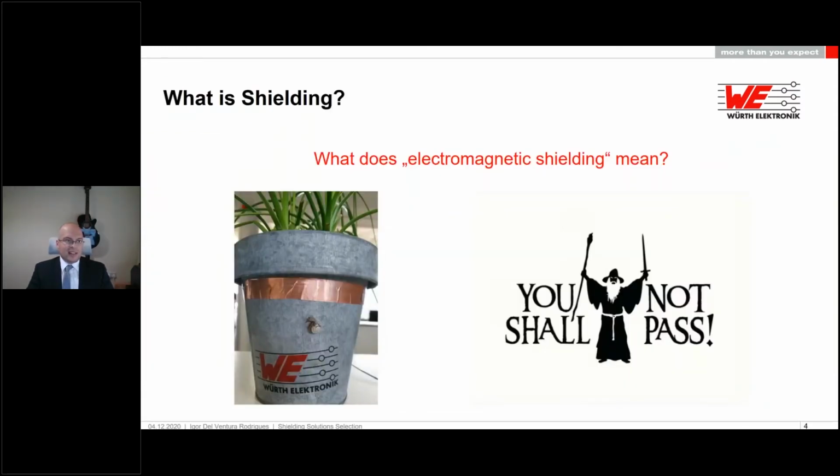First thing is, what is shielding? What's the meaning of shielding? So shielding, as the word says, is protecting yourself against something else. In our case, we are talking about electromagnetic shielding.